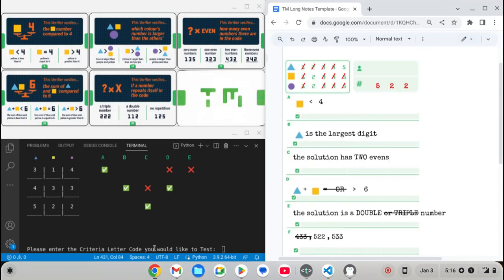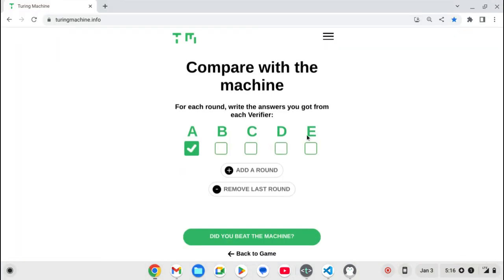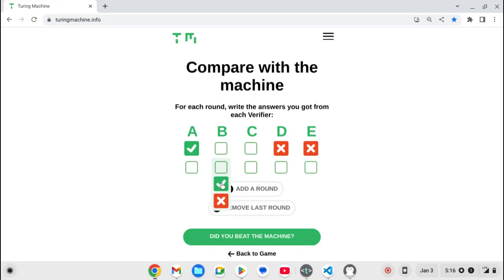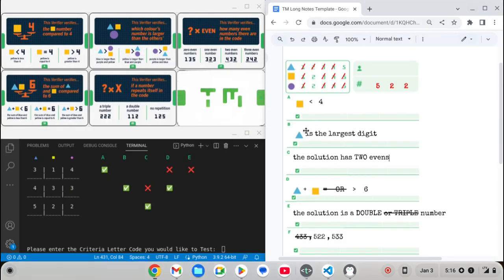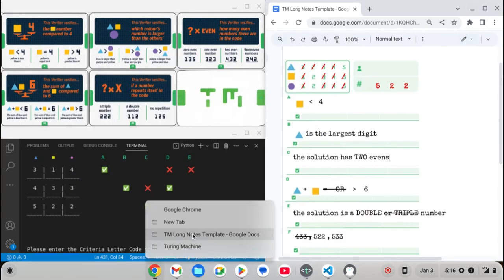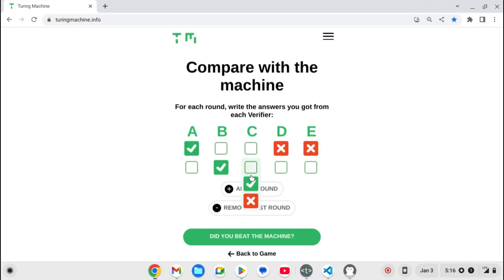I apologize. Both D and E were incorrect. And then we did B, C, D, and B was correct. I think C was incorrect and D was correct. And then, of course, in the third round, C was finally correct.